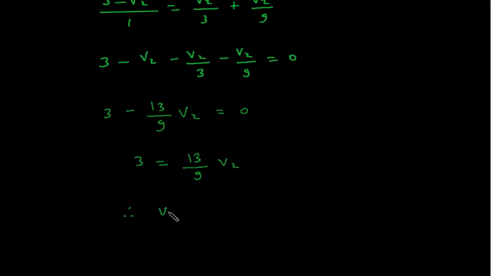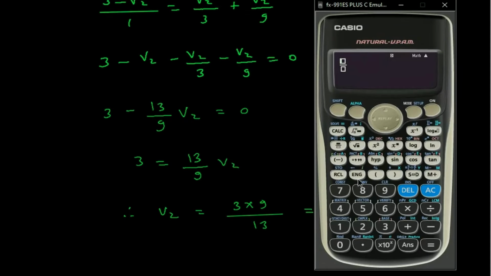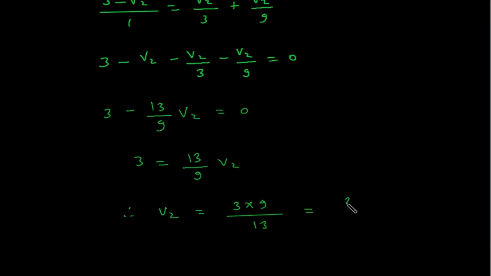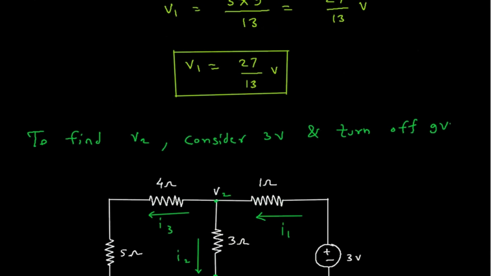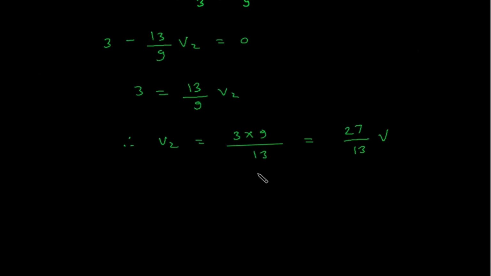Therefore V2 is equal to 3 into 9 by 13, 27 by 13 volt. So V2 is also equal to 27 by 13 volt.